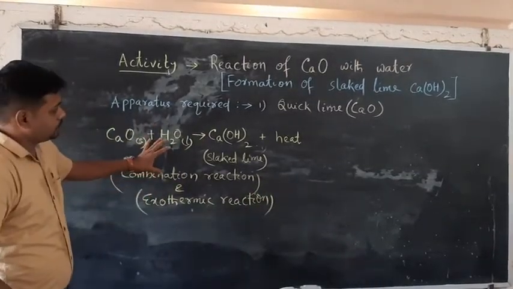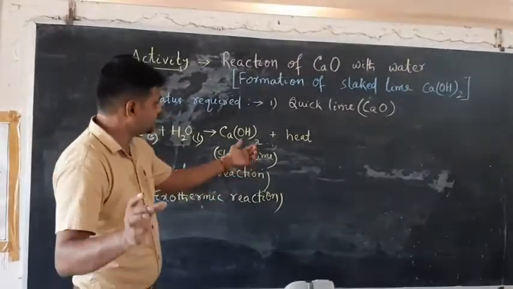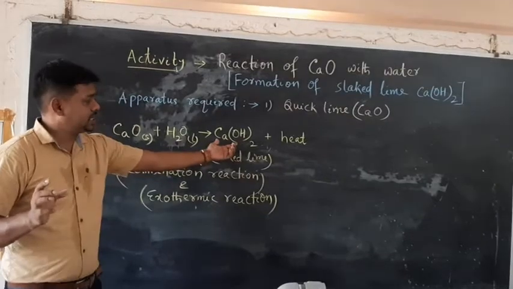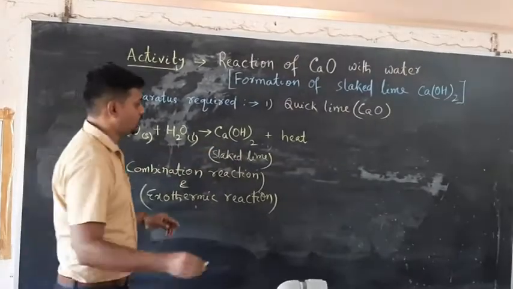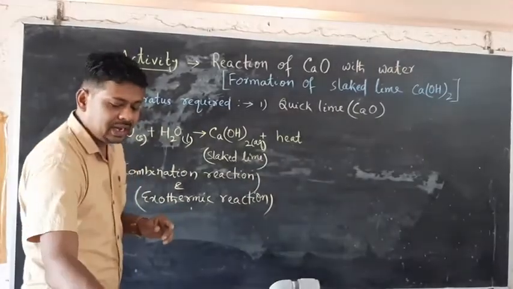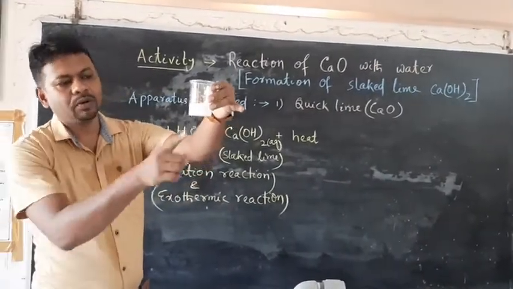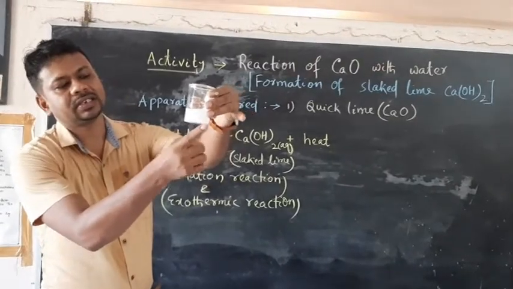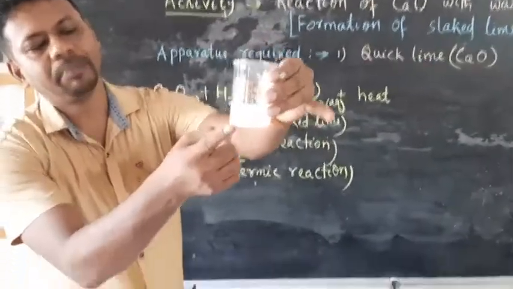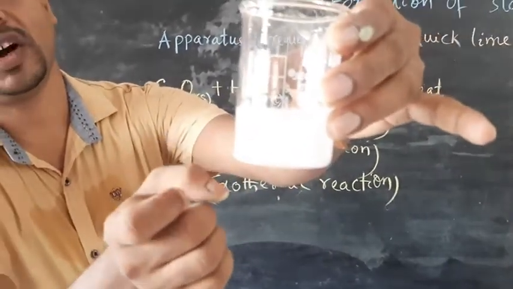Another thing I want to tell is that this calcium hydroxide is soluble in water, no doubt, it is aqueous, but it is not highly soluble in water. You can see below some substance has settled down at the bottom of the container, and you can see the clear fluid on top.